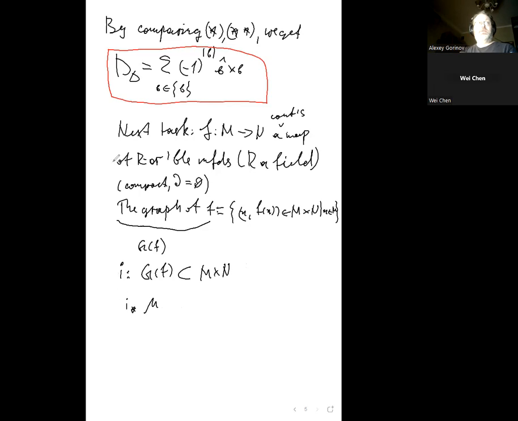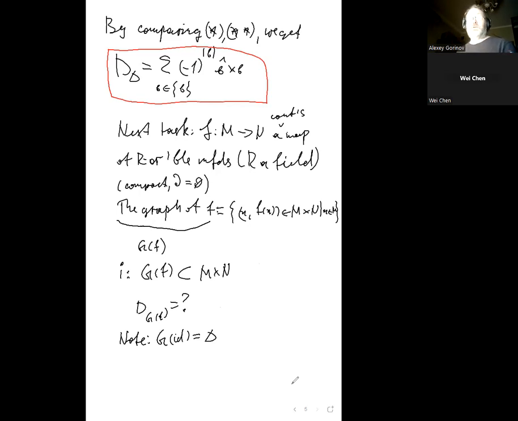And we want to calculate d G of f, the Poincare dual. Well, note the G of the identity map is the same as that.